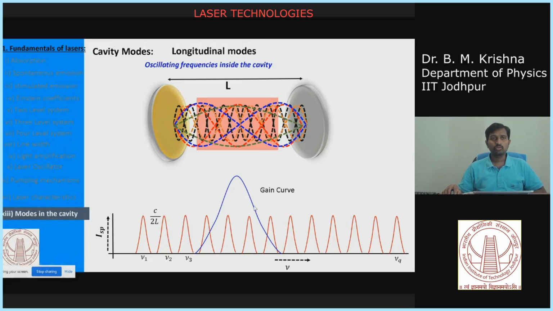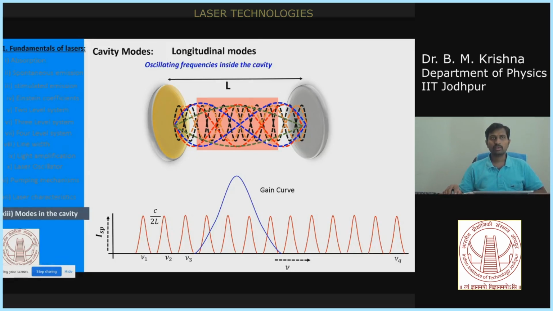Now you move this gain curve, that means you change the active medium, whichever mode you want to lase. That's our choice, using our gain curve or in turn our active medium. You select your active medium so that you can select the modes under the gain curve.